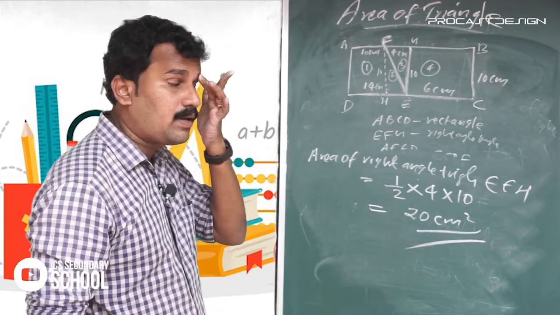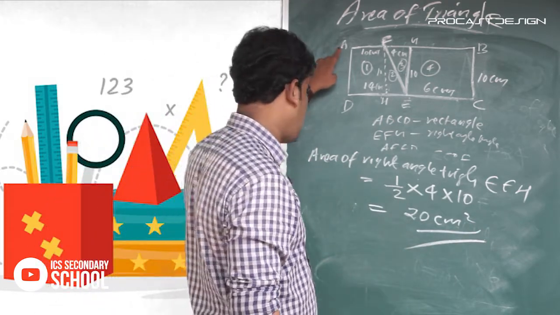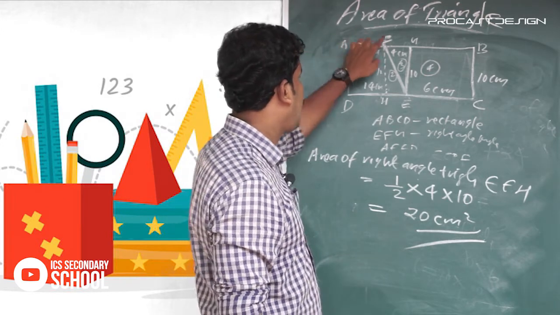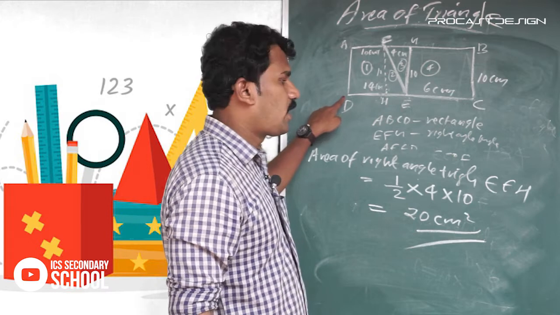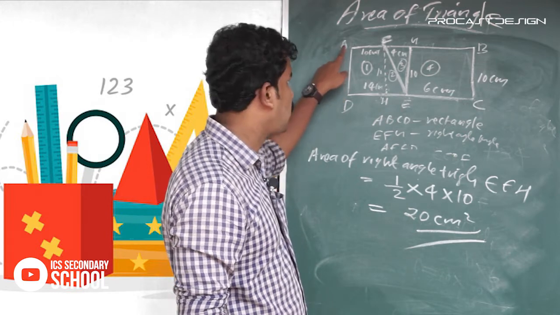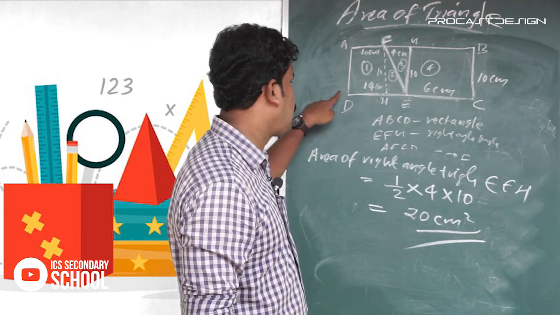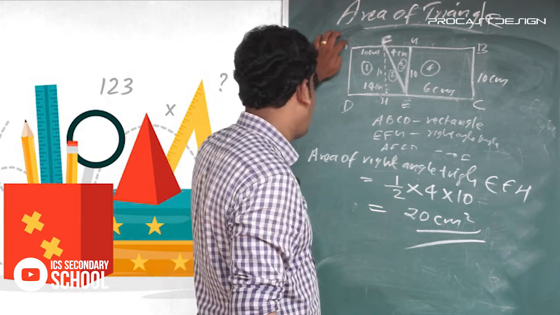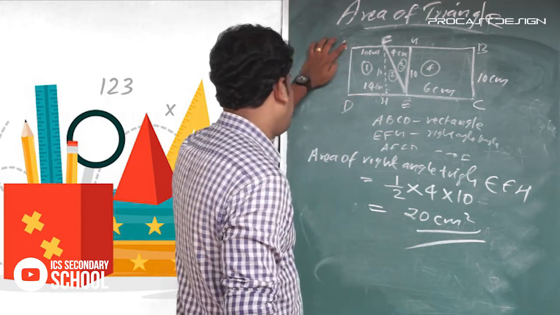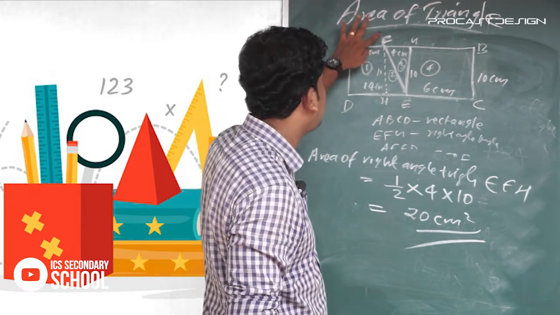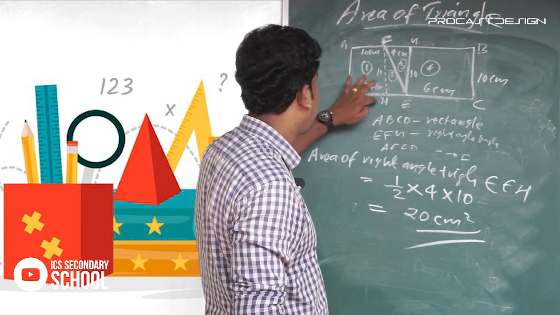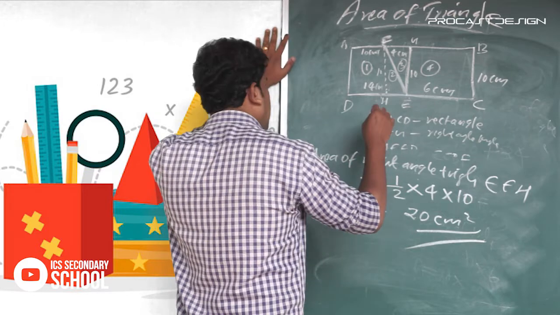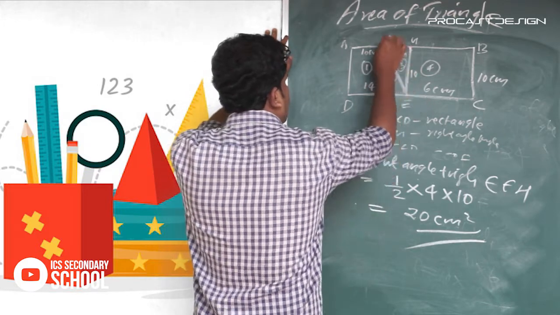So we can find the area of trapezium AFED. It is equal to area of rectangle ADHF plus area of right angle triangle EFH.